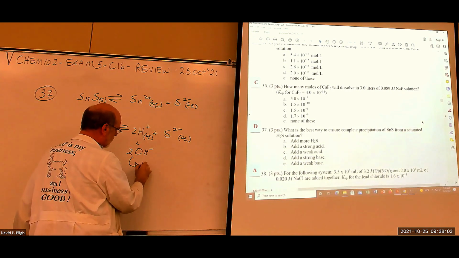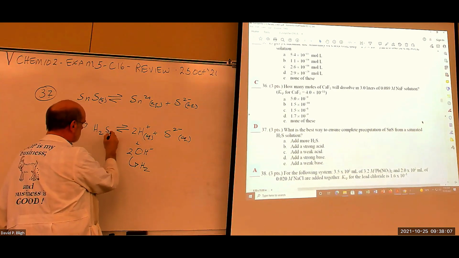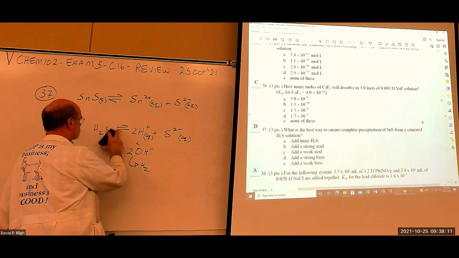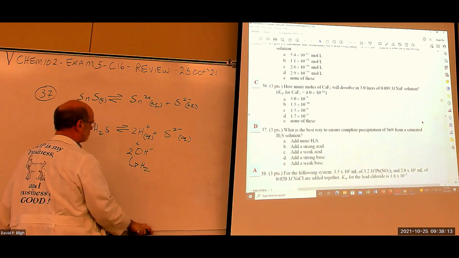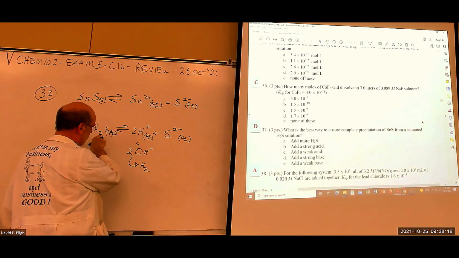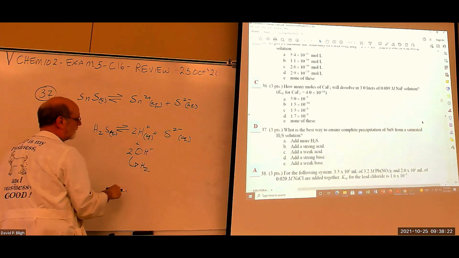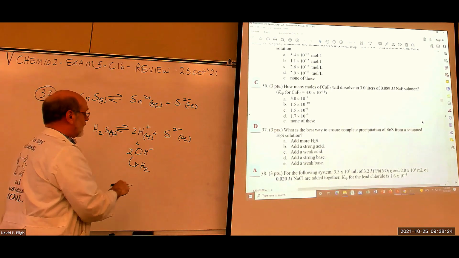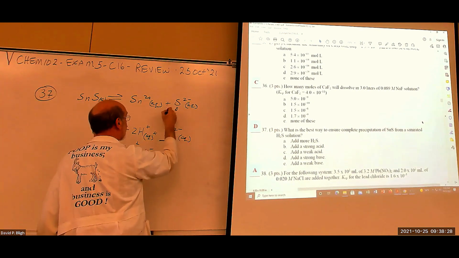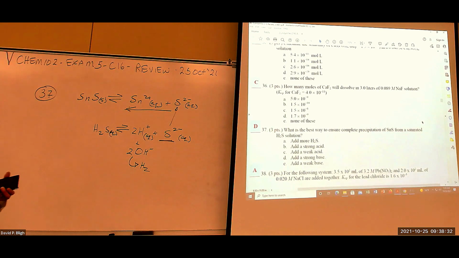Then you get water here, and you actually drive that's not solid, that's in solution. You actually drive this reaction to make as much of this as possible. And if you can increase this, you can increase that and drive the reaction back to that. Okay?